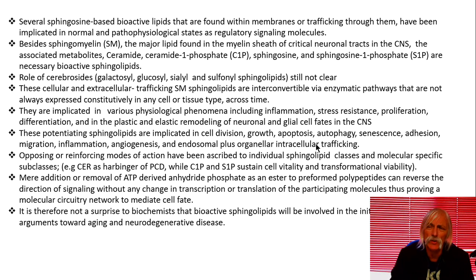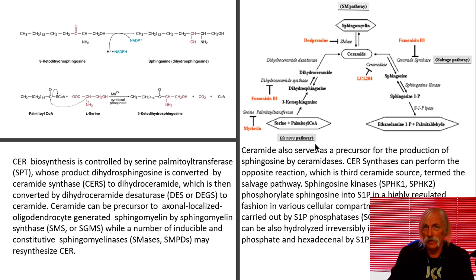So it's proving and improving, but I meant really providing there. It is therefore not a surprise to biochemists that bioactive sphingolipids will be involved in the initial and the closing arguments toward aging and neurodegenerative disease. For my friends and family who are attorneys.